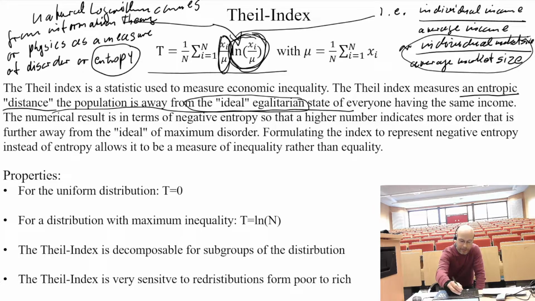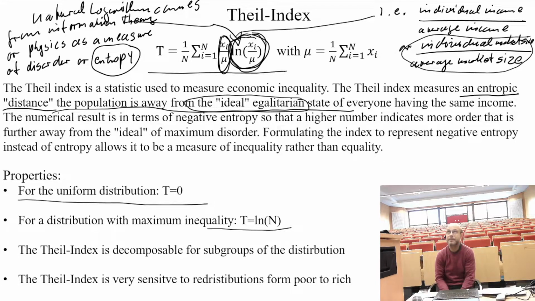So the uniform distribution would be associated with a Theil index equal to 0, and for the maximum inequality the Theil index would be equal to ln of the size of our random sample, and this again means that we have only one large firm in our market, and the others are always only very small.